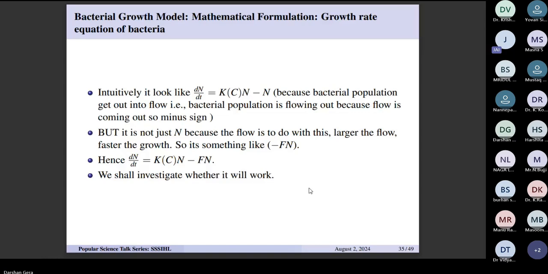This bacteria is going out with the flow, which you call flux, so it will be proportional to F. So here you should have minus Fn in the place of n. The growth rate equation for the bacteria will be dN/dt equal to Kcn minus Fn. Whether it is going to work or not, we will see later in the dimensional analysis.